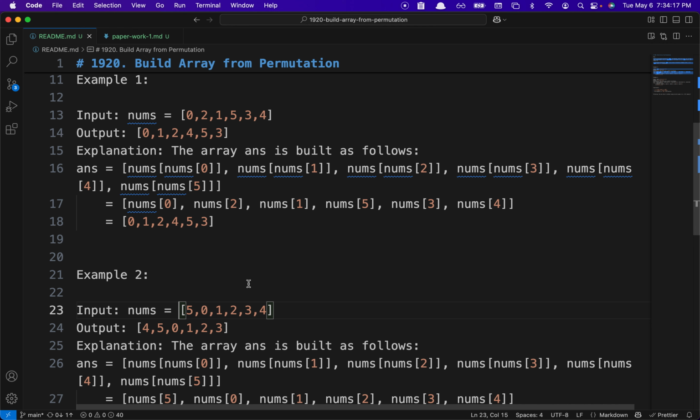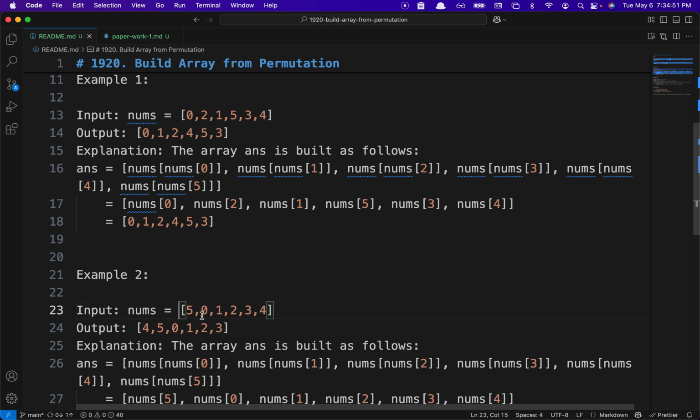0, 1, 2. This one, if you see, it's actually just putting this 4 in front of this. So nums of 0 is 5, and nums of 5 is 4. So you just put 4, and you lose the 5 though.